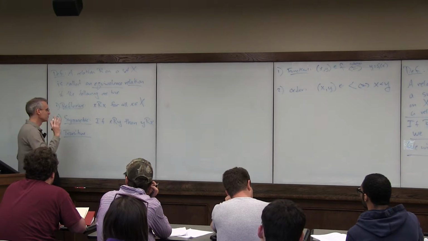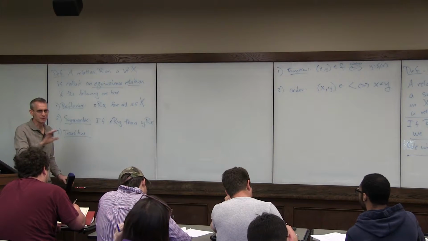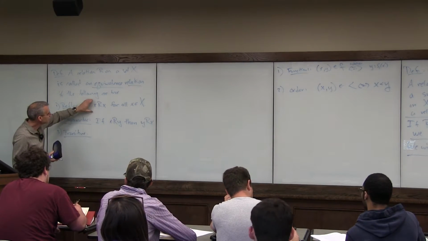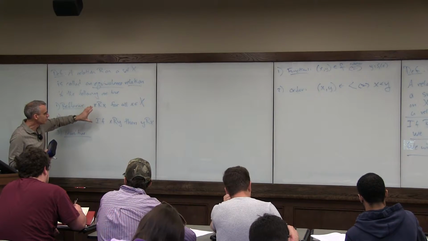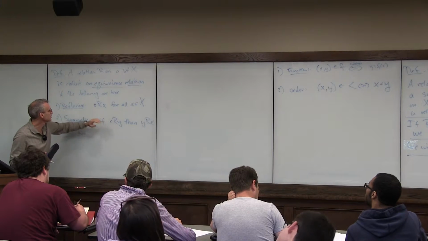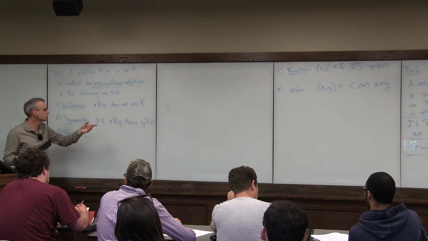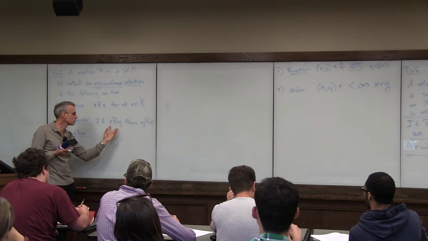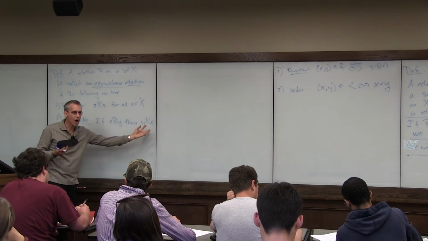Yes. Okay, maybe you said it and I didn't hear it. Okay, well, if I didn't hear it, maybe somebody else didn't. But the reason I'm emphasizing that is that this one is a completely different kind of a statement from this one and this one, okay? These are both if-then statements. This is something where you pick up an X and you make sure that it's related to itself. This one, you're assuming that X is related to Y, and you have to prove that Y is related to X.